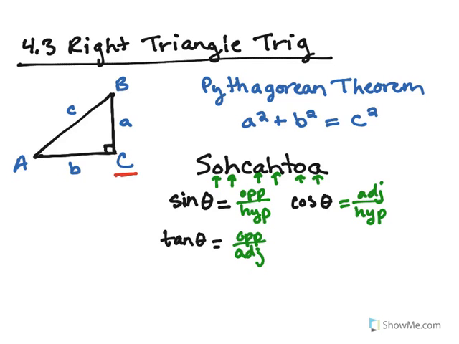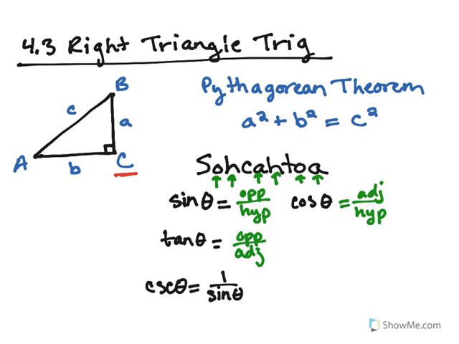And then we talked about our reciprocal functions before. So we have cosecant theta is 1 over sine theta. So if I figure out what sine theta is from the SOHCAHTOA, then the reciprocal, I just flip it, right?